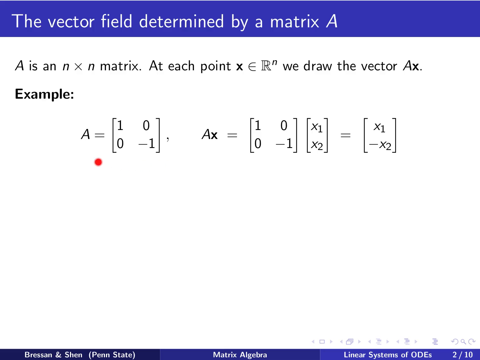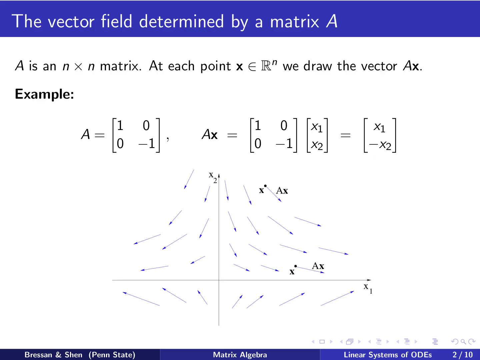So we have an A matrix, which is like this. Then A times x, where x is a vector x1 and x2, and you can carry out the product, and then you will get x1 and negative x2. Since these are two-dimensional vectors, we can visualize everything in the plane with the x1 axis and x2 axis.